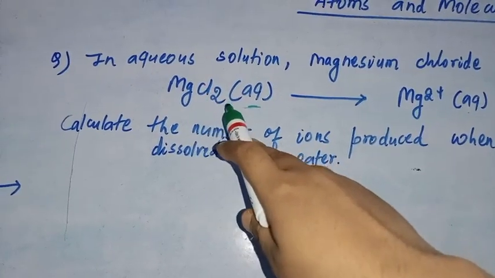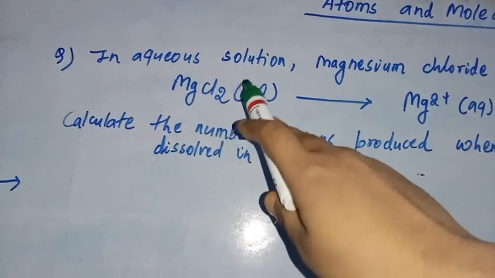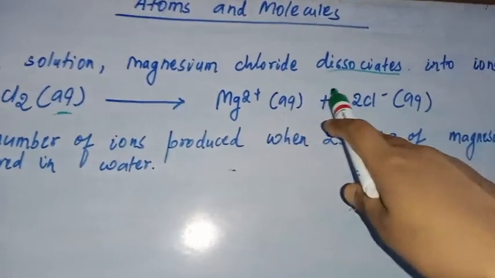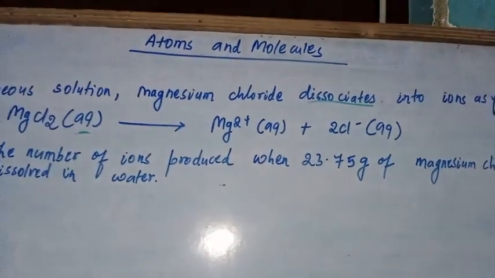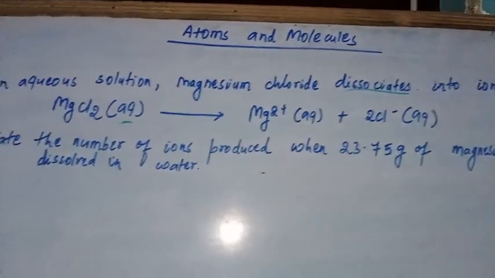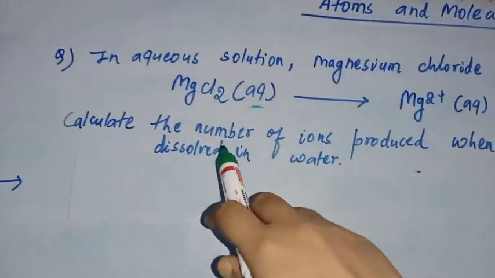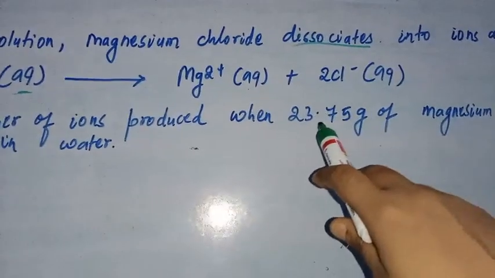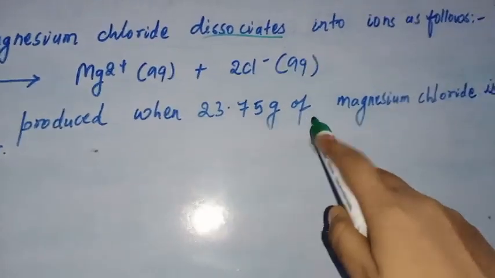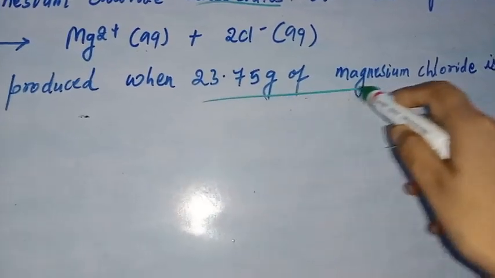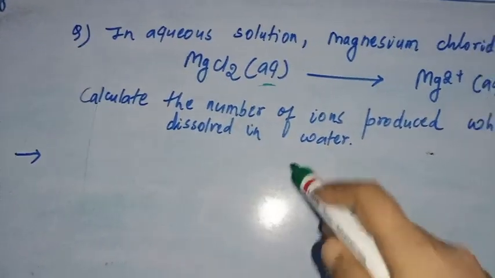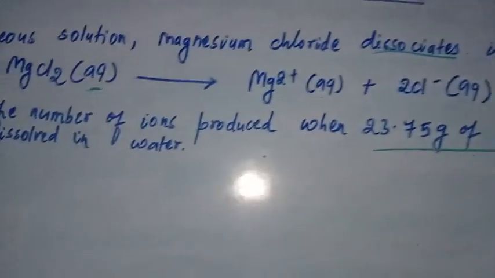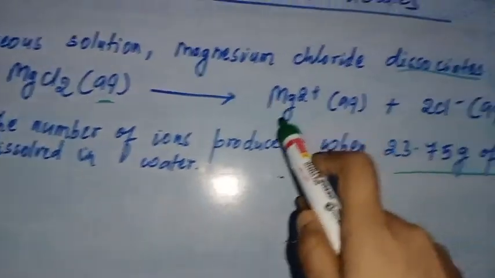So when MgCl2 is dissolved in water, or makes a solution in water, it dissociates into magnesium ions and chloride ions. Okay, so here, calculate the number of ions produced when 23.75 gram of magnesium chloride is dissolved in water. The question is asking to calculate the number of ions.